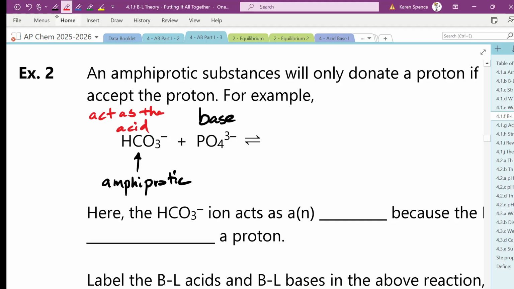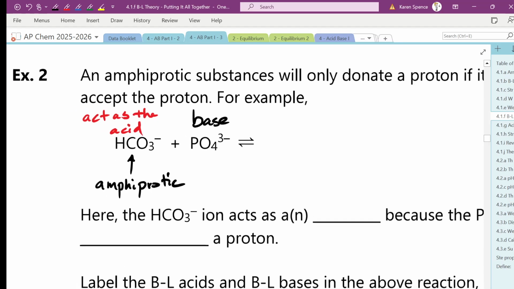Could you please predict the products of that reaction? What would we get? What's the first product we're going to get? CO3 2 minus.